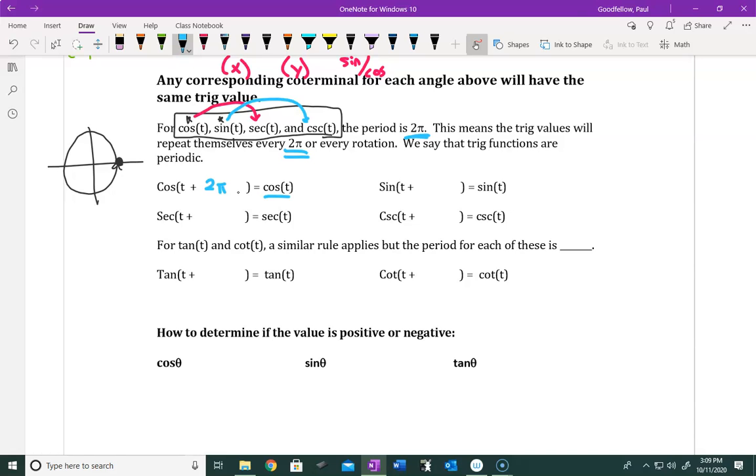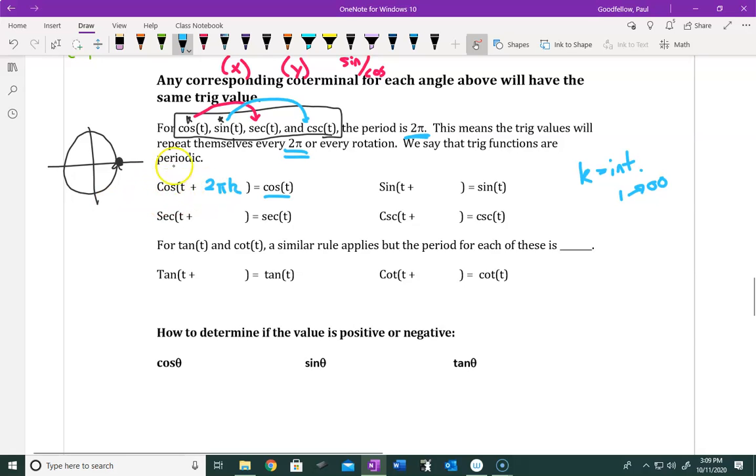It could be 2 pi once and then another 2 pi again, or 4 pi, or 6 pi, or 8 pi. So what we put here is 2 pi k. And that k stands for an integer that is between 1 and infinity. And that just tells you how many extra rotations we're adding on.